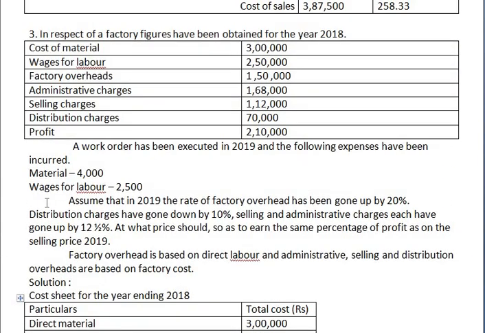Now here they have given us material as 4,000, wages for labor is 2,500. So same thing we are going to take here.